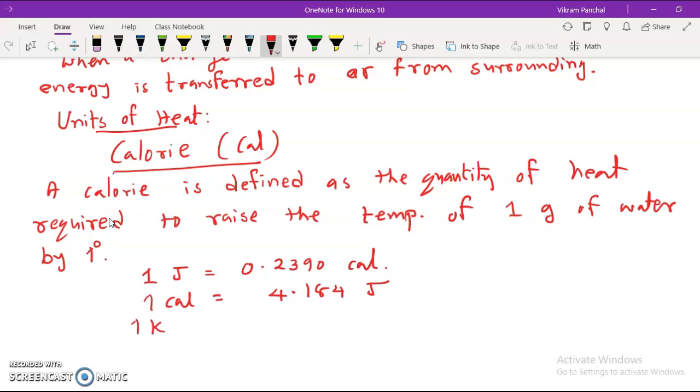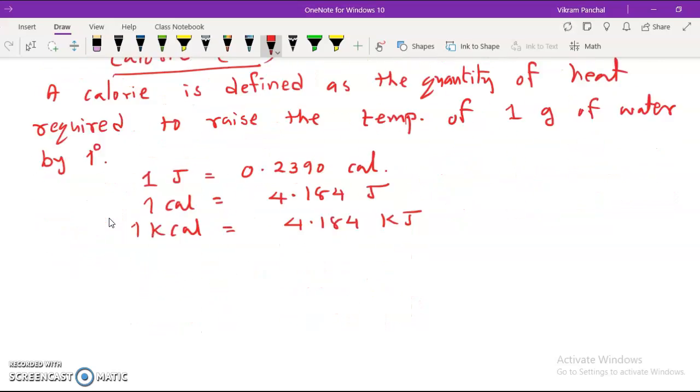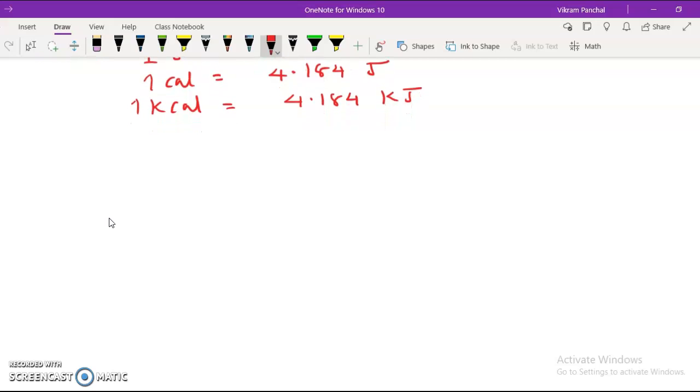Similarly, 1 kilocalorie is equal to 4.184 kilojoule. So this way we can use either calorie or joule to express heat. The symbol of heat is Q.